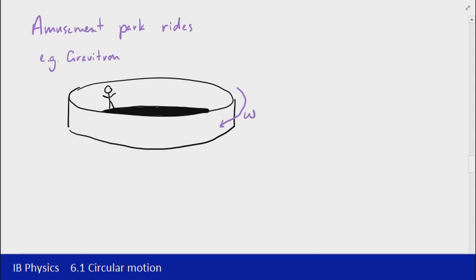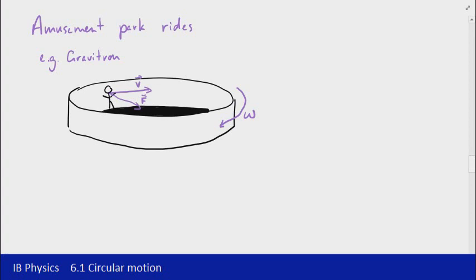And as a result, the people that stand against the wall inside are moving at this point in time. This particular person would be moving at a tangent to the wall, so they'd be moving to the right at that point in time, which means that the force acting on them is towards the center of rotation. So that would be the centripetal force in this case.